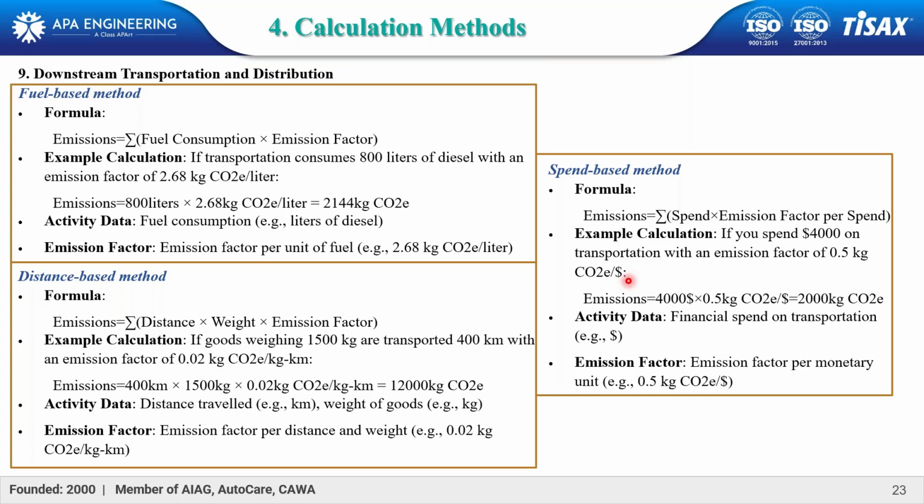So the activity data required will be the amount of fuel consumed and the emission factor of the fuel. And in the distance-based method, here also the activity data required will be the distance traveled by the transportation and the weights of the goods that have been carried, and the emission factor is required for distance and weight.